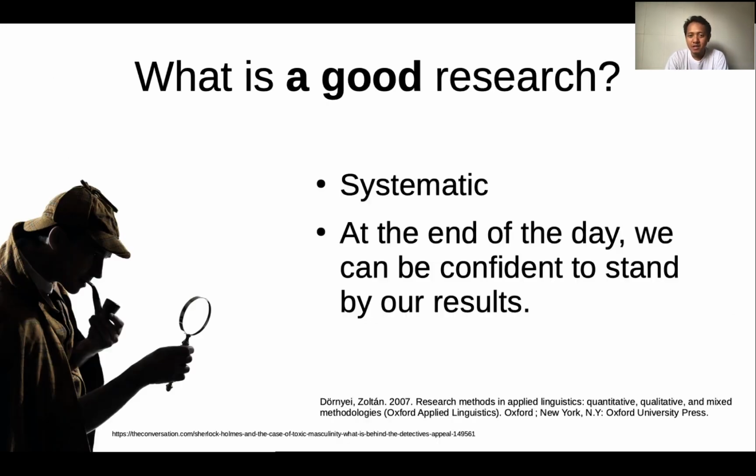Okay, so how do you do good research? It should be systematic, because at the end of the day, we want to be confident to stand by our results. In relation to the music CD case before, you want to be confident enough to spread the news to your friend that, hey, store F gives you the lowest price for this My Chemical Romance CD.